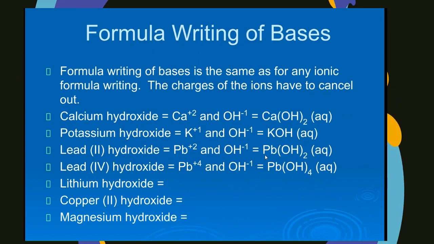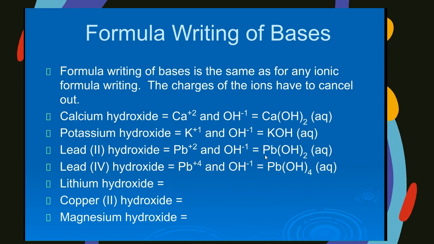Next, how do we write the formula for bases? Formula writing of bases is the same as for any ionic formula. The charges of the ions have to cancel out. Calcium hydroxide has Ca plus 2 and OH minus, so Ca(OH)2, meaning two OH minus ions are present.